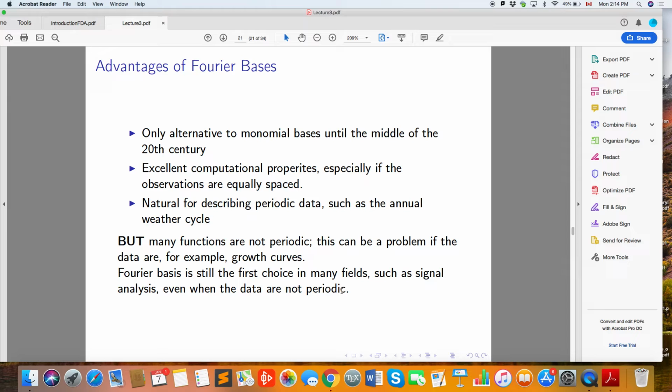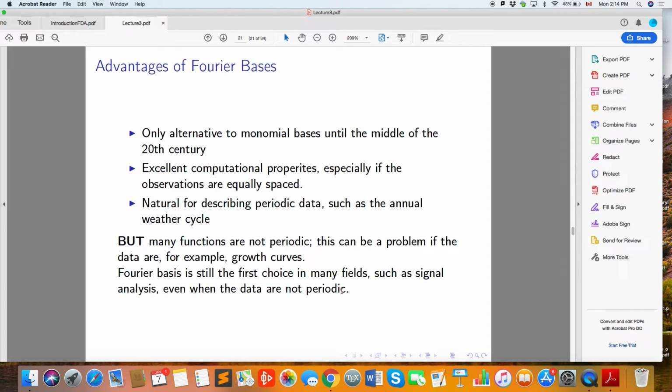Maybe you have heard about fast Fourier transforms in mathematics, and it's also very natural for describing periodic data because these basis functions have periodic behavior already, right? Okay, so this is the advantage of the Fourier basis function. Therefore, when we approximate functional data, if the functional data is periodic, we will always use Fourier basis functions to approximate it.